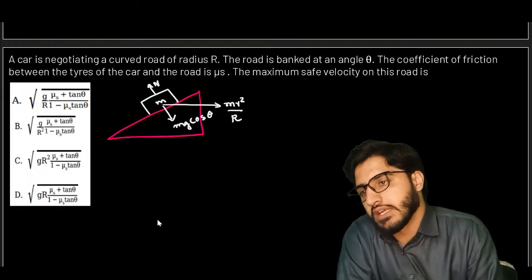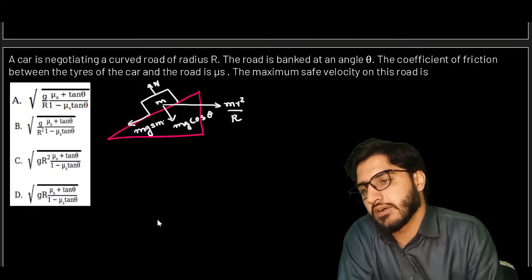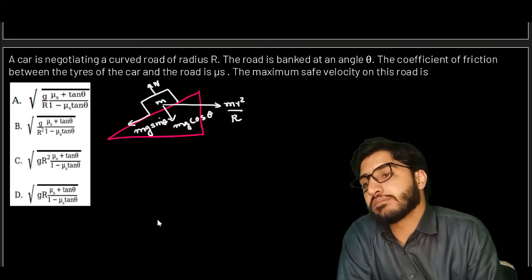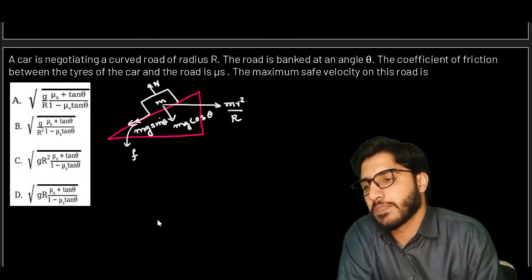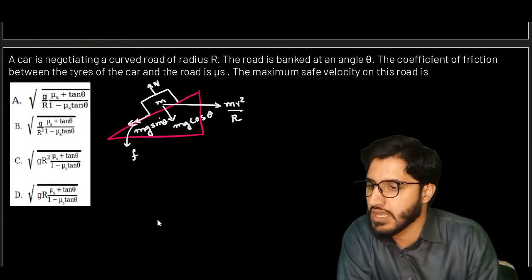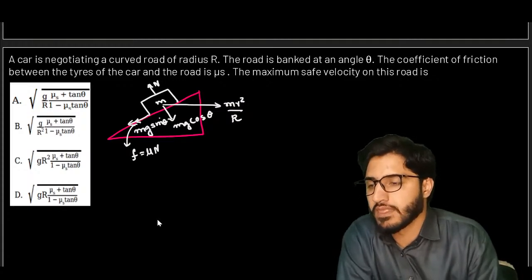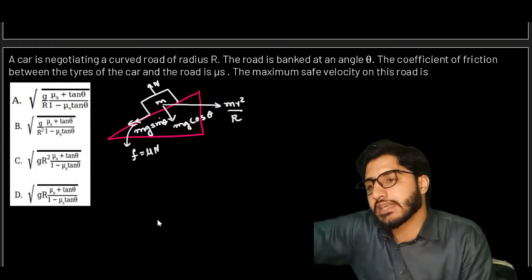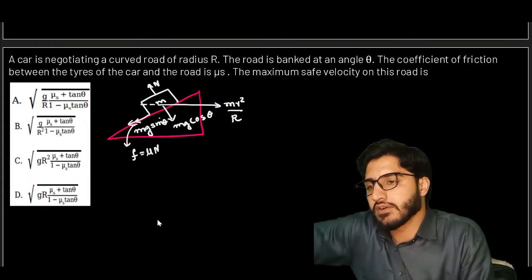And look now, if this is mg cos theta, so most probably this would be mg sin theta. And there would be one frictional force which is balancing this mv square by r. So my frictional force will be like this only, and this will be F, which is mu N. But we need to balance these forces. Clear? So I guess I can do it like this now.